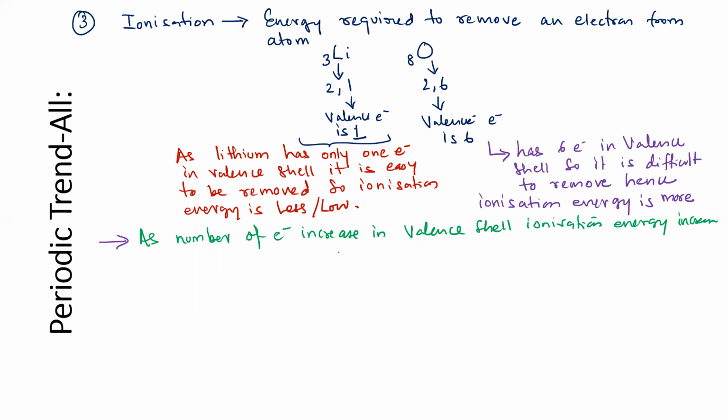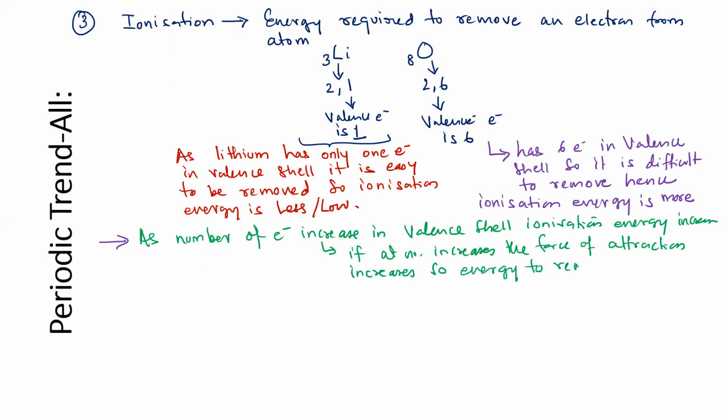Or we can also say that if atomic number increases, the force of attraction increases, so the energy to remove an electron also increases. That will be a better way to judge.